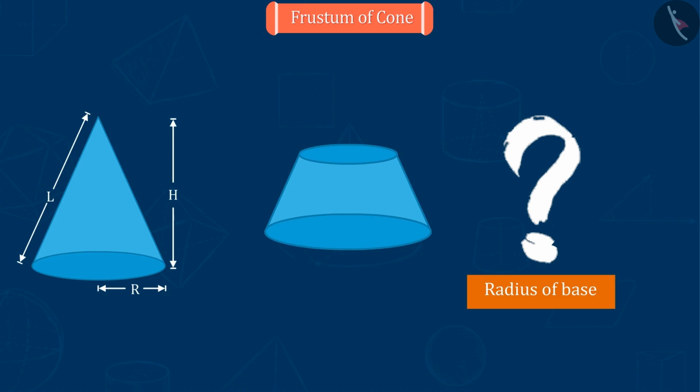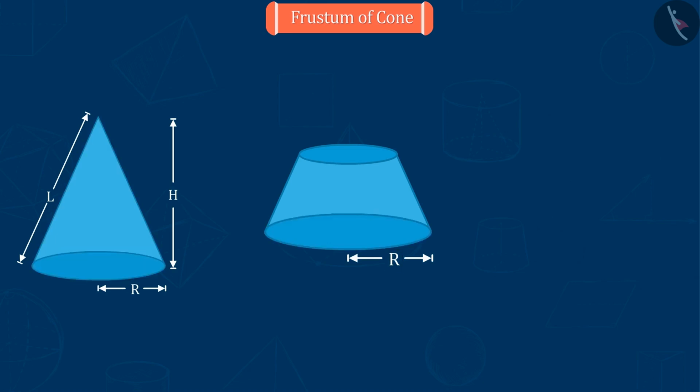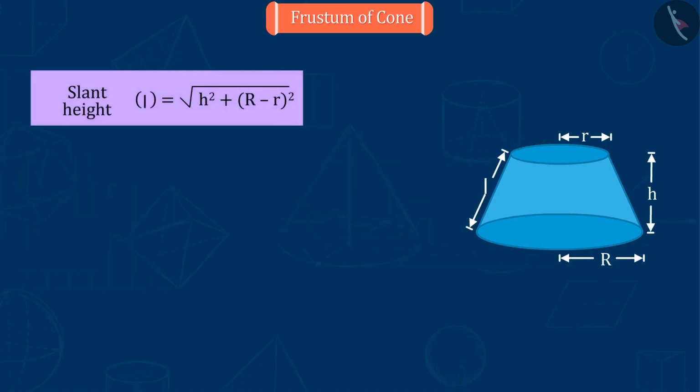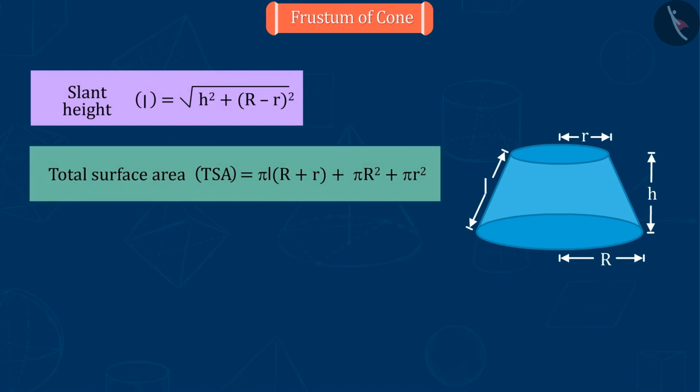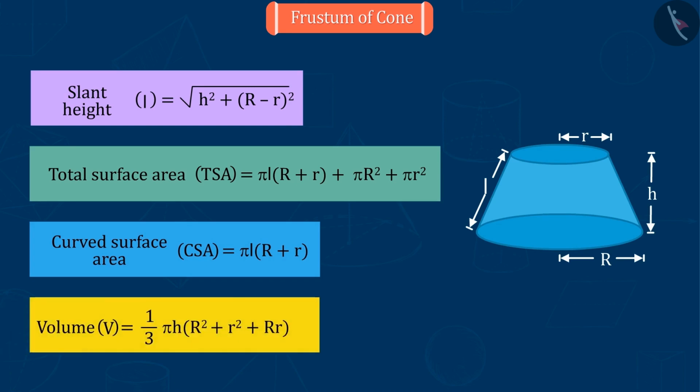Absolutely correct, because it is the lower part of this cone, its radius will be the same as the radius of the cone, which is capital R. If we represent the radius of the upper end as small r, the height of the frustum as small h, and the slant height as small l, then we can find out the slant height, total surface area, curved surface area, and volume of the frustum with the help of their formulas.